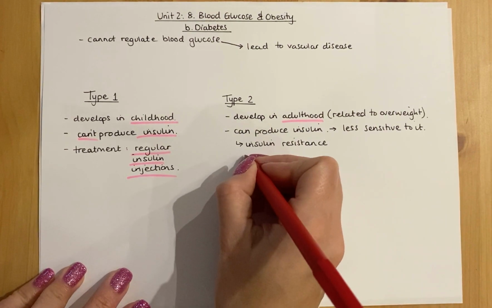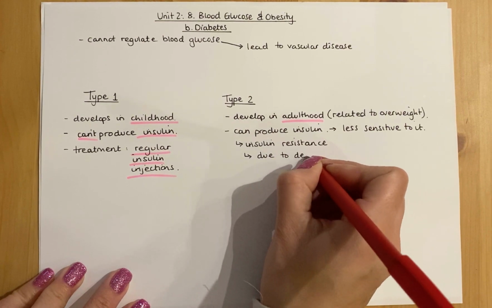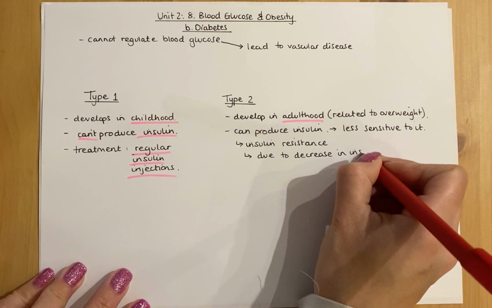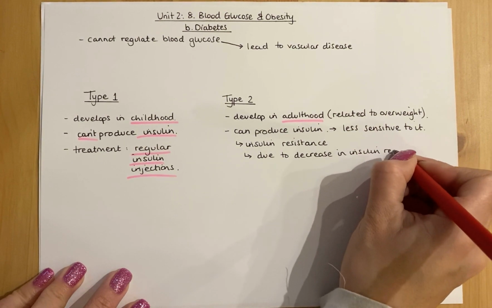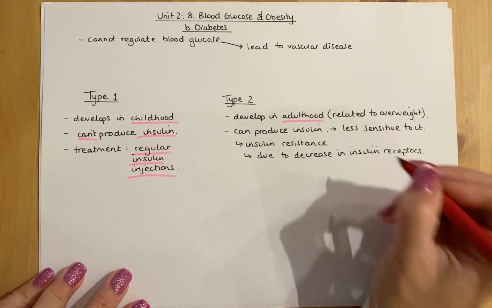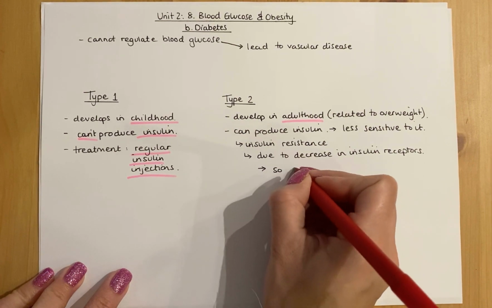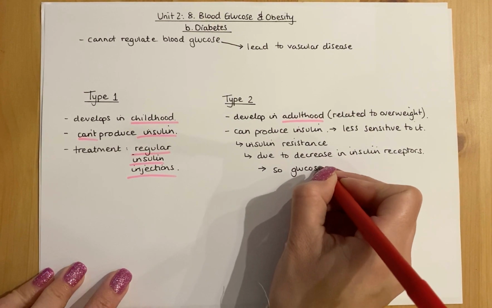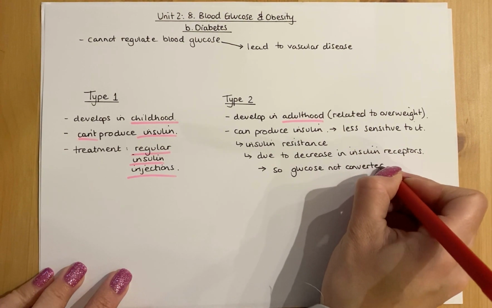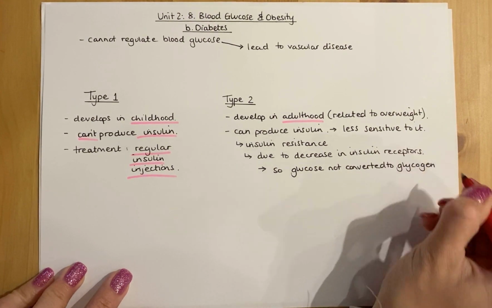That is developed because they have decreased the number of insulin receptors on their cells. So when you have fewer insulin receptors to take insulin into the cells, that leads to glucose not being converted into glycogen, or at least not as much. Therefore, because it's not stored as glycogen, it remains in the blood.